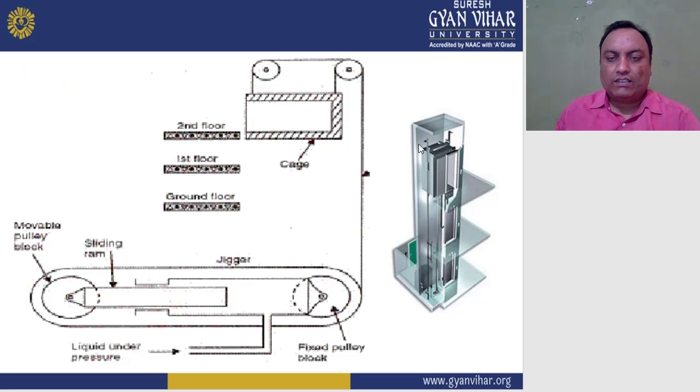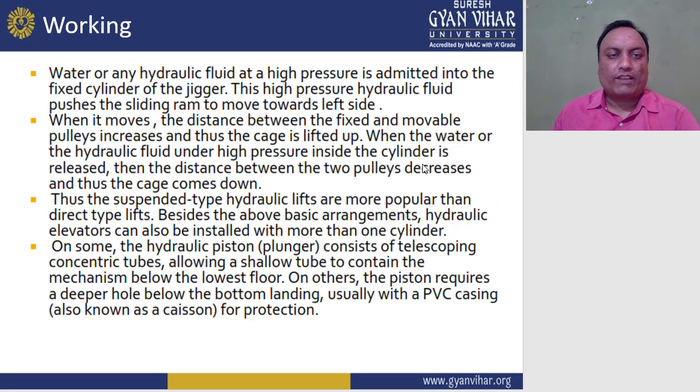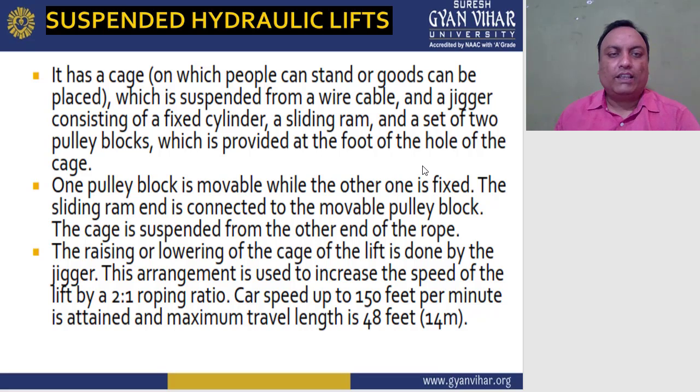Similarly in this case, one arrangement is given, and this provides the different types of lift operations. It has a cage. Here also a cage is attached, which is suspended from the wire cable and the jigger, consisting of a fixed cylinder, a sliding ram, and a set of two pulley blocks, which is provided at the foot of the hole of the cage.